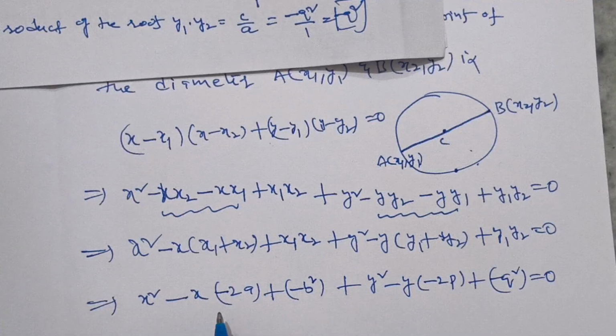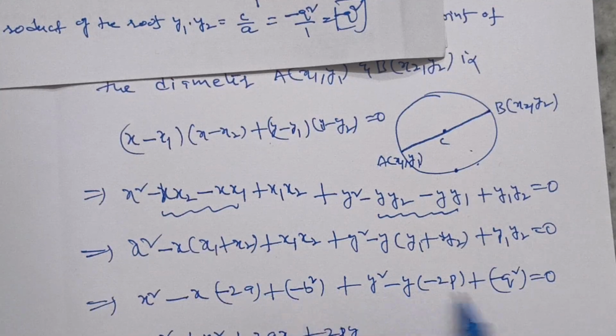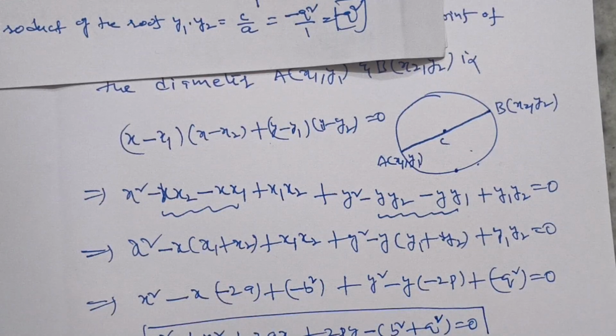Now by simple simplification: x square plus y square plus 2ax, plus 2py, and the remaining values are constant, that is minus b square minus q square, equals 0.